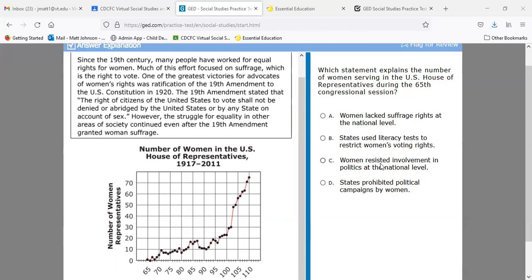C, women resisted involvement in politics at the national level. Or D, states prohibited political campaigns by women. So looking all the way back here at the 65th session of Congress, we have maybe one woman serving then. What was keeping them from having more?